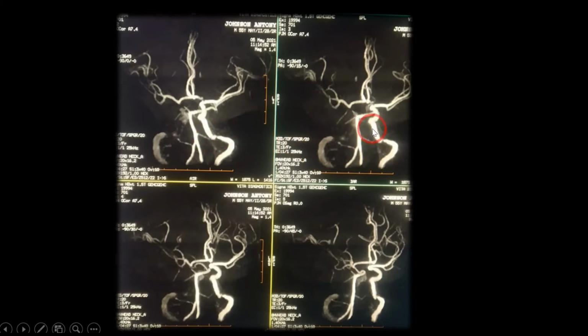In the left internal carotid artery, the cavernous segment is normal. This is the M1 and branches are normal. Both A2s are filling from this side. You can see the anterior communicating artery is patent. The A1 on the opposite side is there, and the MCA branches are there.